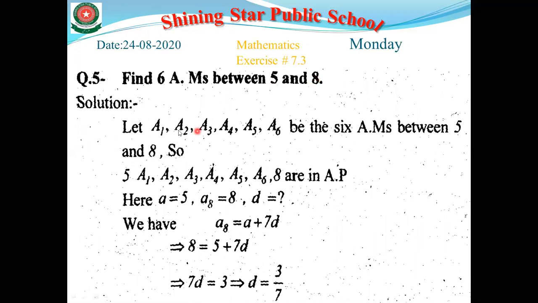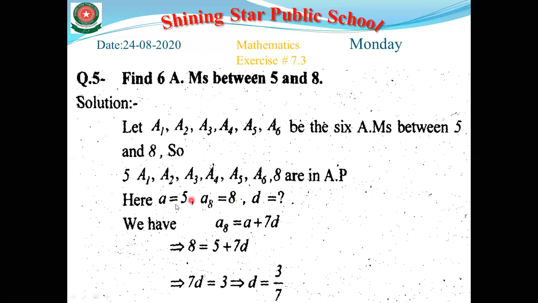Let A1, A2, A3, A4, A5, A6 be the 6 AMs between 5 and 8. So 5, A1, A2, A3, A4, A5, A6, 8 are in AP.